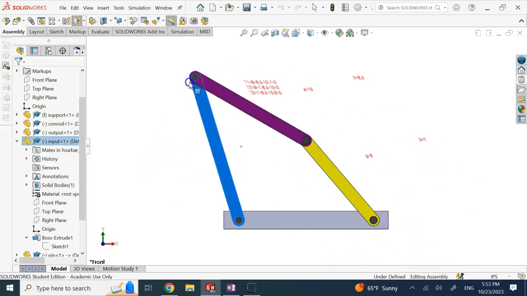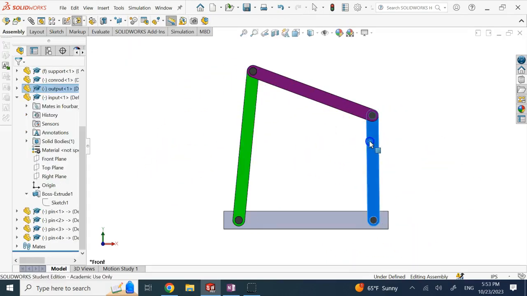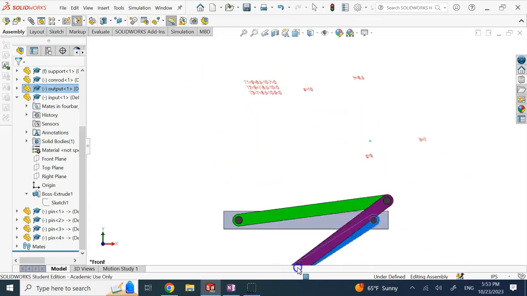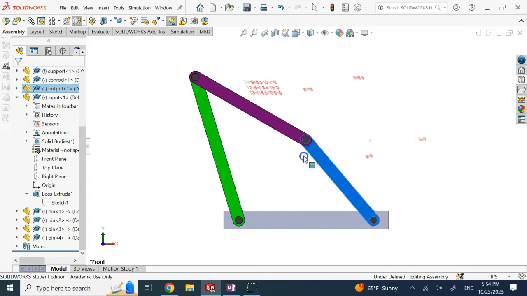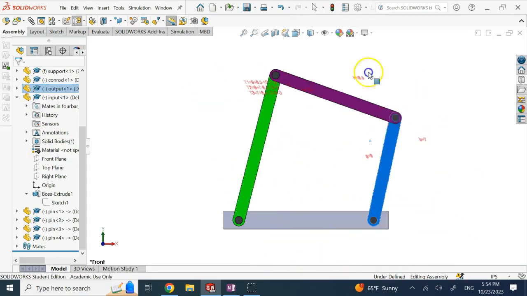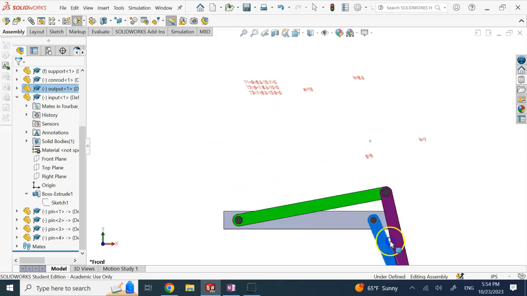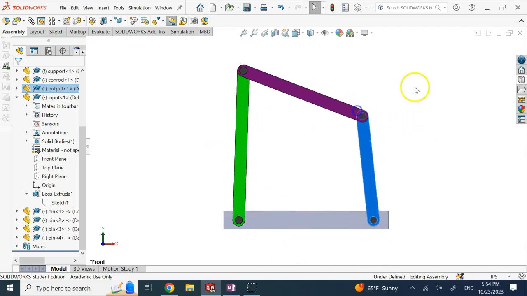So look, let me turn this one. Maybe it's clearer to turn the output in this case. Look here. The output is going full rotation, but the input is only doing a rocker motion. So this is the rocker crank instead of crank rocker.